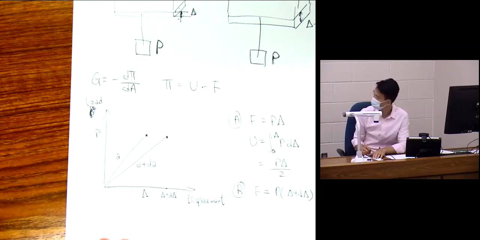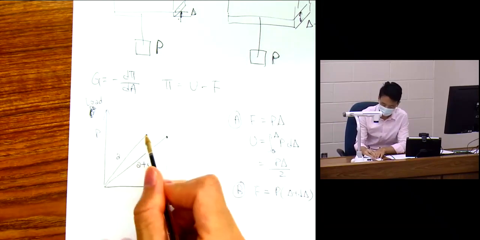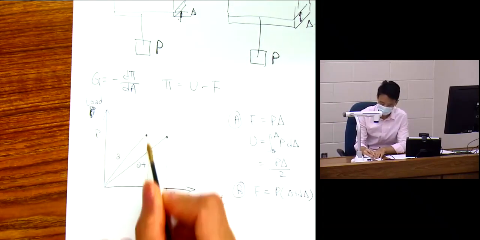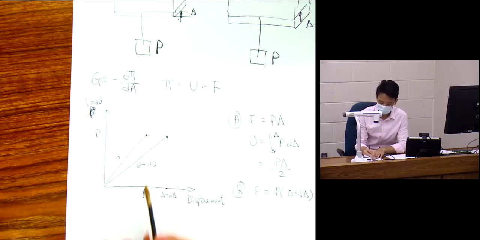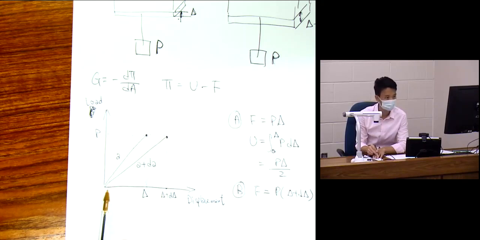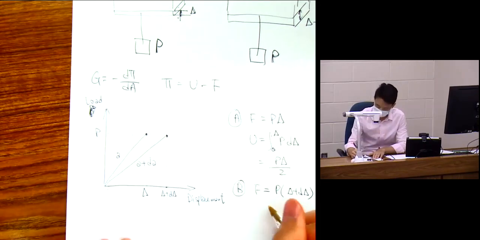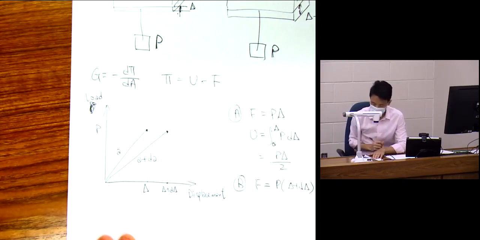Yes. So if you look at this plot, this rectangle is the work done for A, and the larger rectangle is the work done for B.